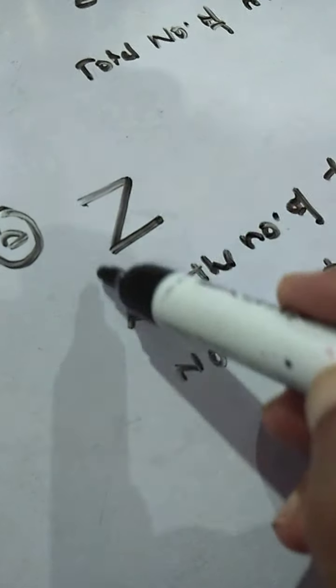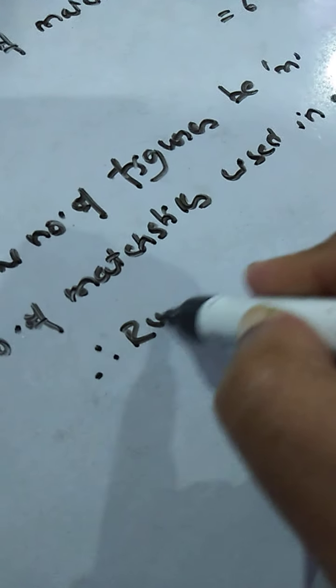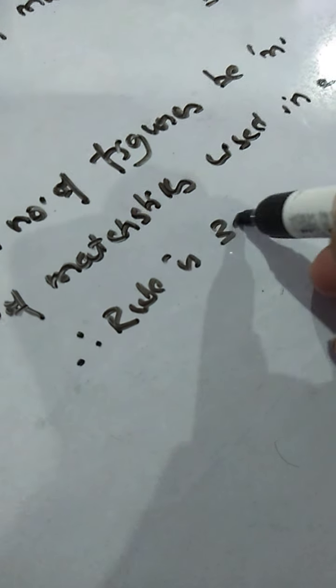How many matchsticks are used? 1, 2, 3. So what is the rule? Therefore the rule is 3n, where n represents the number of Z's.